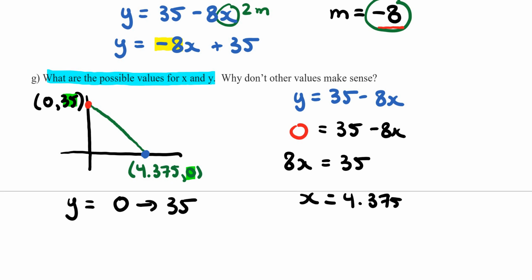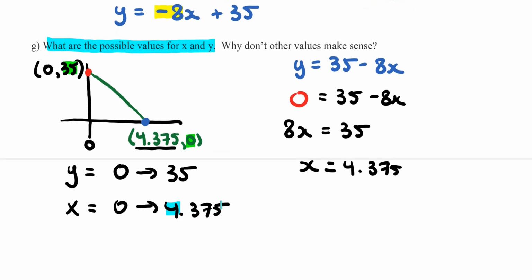And for x, the possible values are 0 all the way to 4.375, right? What this really means is that one of the gifts can use up 4.375 meters of wrapping paper.